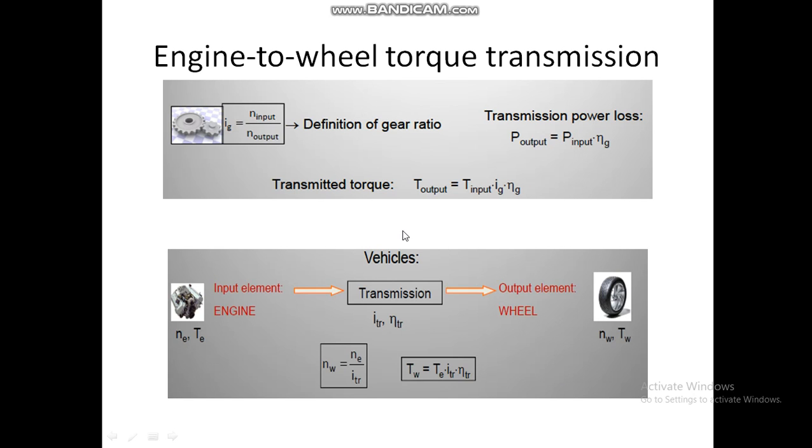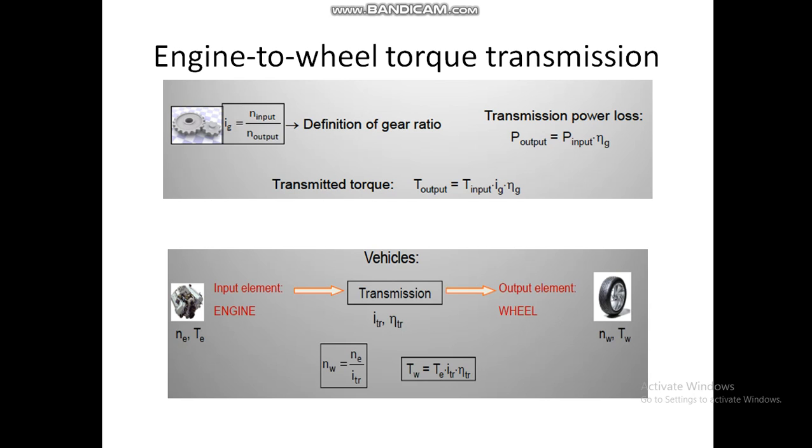This is an overview of the gear torque transmission. In the first diagram we show the definition of gear ratio, driven gear, driver gear, inputs and outputs, like 1:2, 2:1, 3:1, speed or torque ratio. Then we discuss transmission power loss.